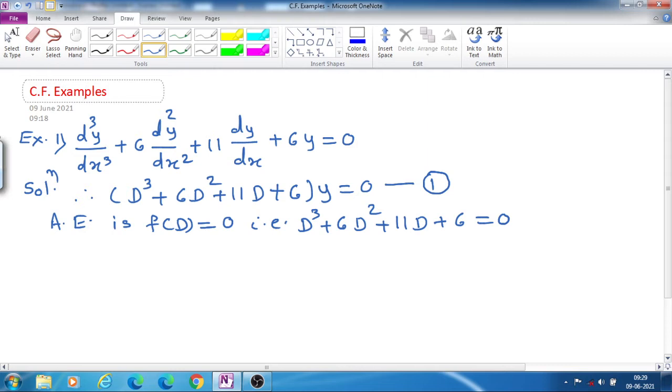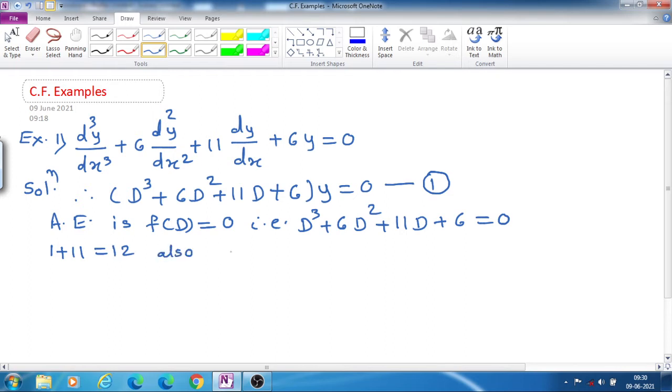So here sum of coefficients of odd degree terms is coefficient of d cube is 1 plus coefficient of d is 11 and their sum is 12.